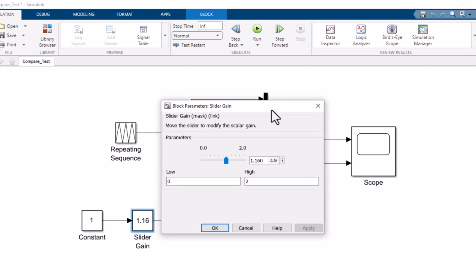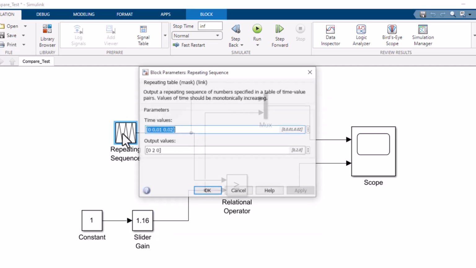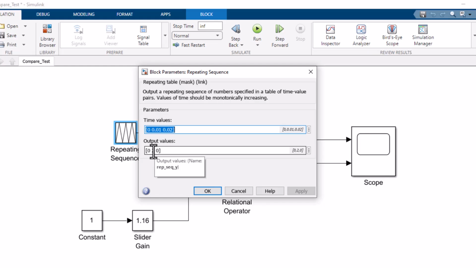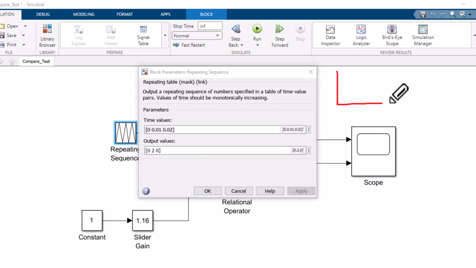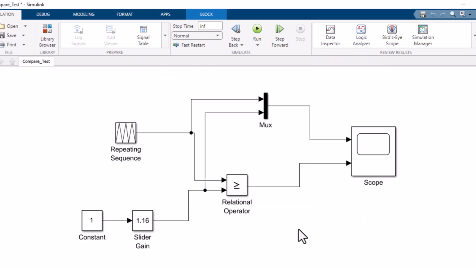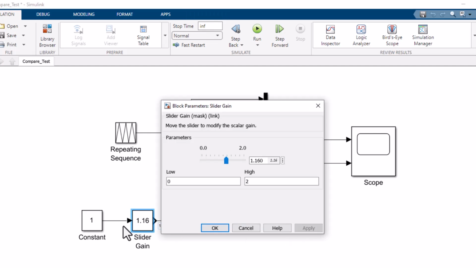If it crosses 2, I will not get the intersection, because my triangle wave's maximum limit is 2 on the y-axis, a plot of time versus output. So to get a proper intersection, my constant should not go beyond 2.